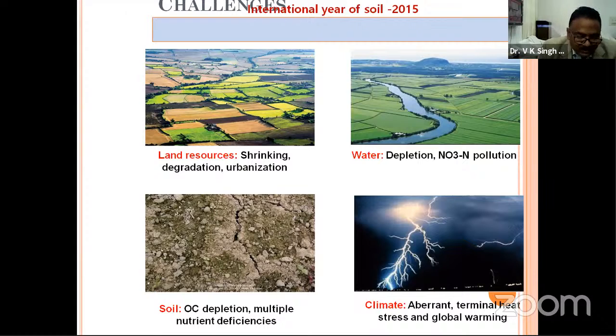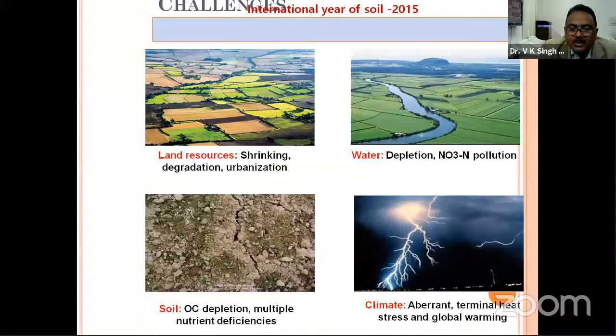Once land degradation is there, certainly not only is soil lost, our valuable nutrients are also lost. And you might have seen on the roadside where new highways are being built or new construction is happening, fertile lands are being used for infrastructure development.